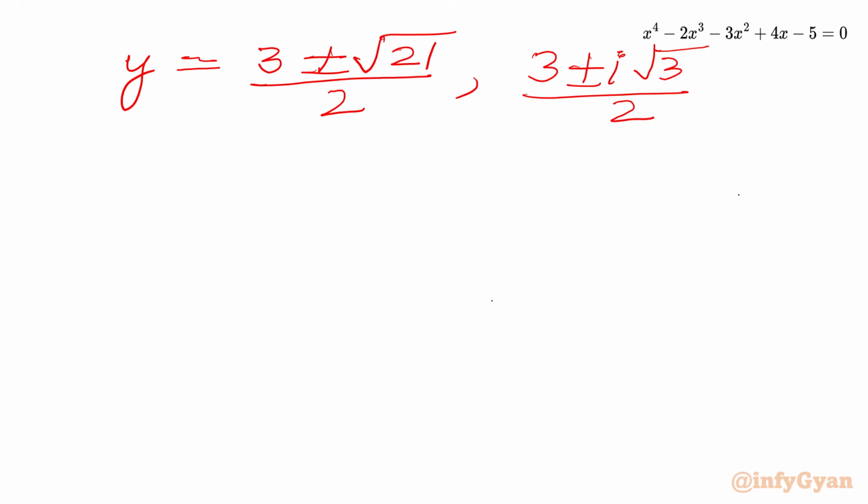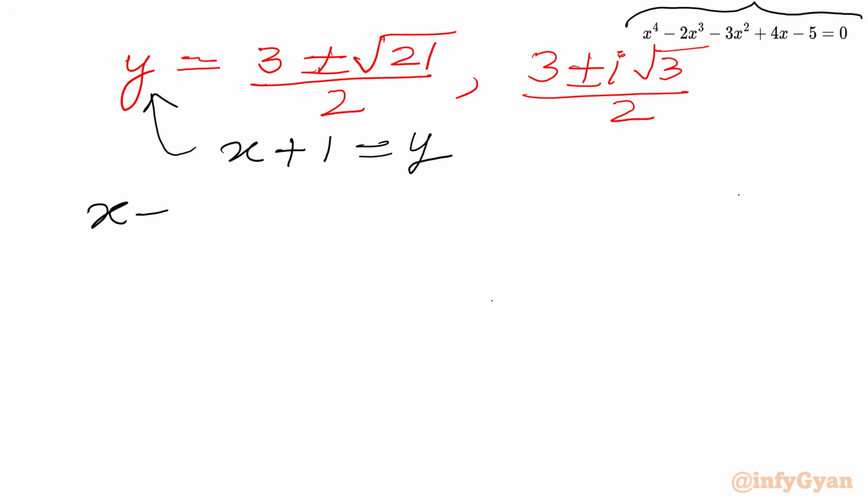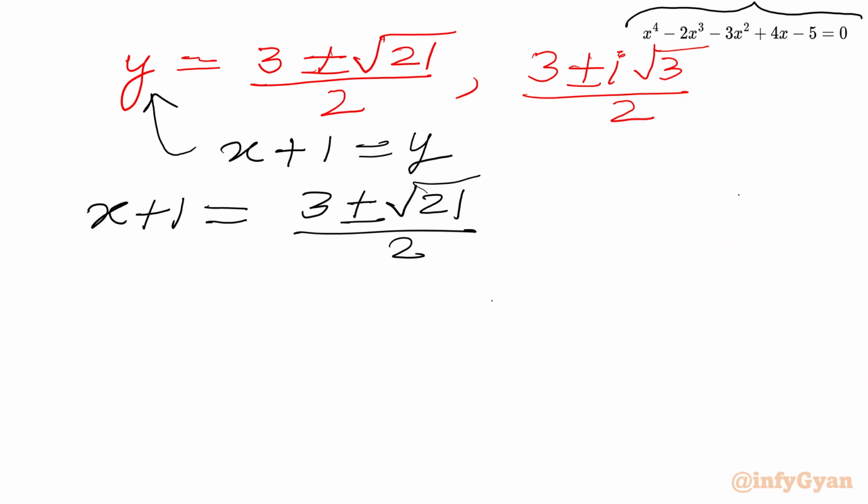Now we have to find the roots of the original equation. Our substitution was x plus 1 equal to y. So in this place we can write x plus 1 equal to 3 plus minus root 21 over 2, and here 3 plus minus i times square root 3 over 2.